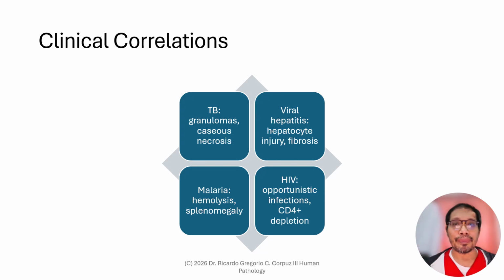Patients become susceptible to opportunistic infections such as Pneumocystis pneumonia, candidiasis, and TB. Chronic immune activation also contributes to wasting and malignancies like Kaposi sarcoma. HIV demonstrates how immune system collapse leads to secondary infection rather than direct viral injury.